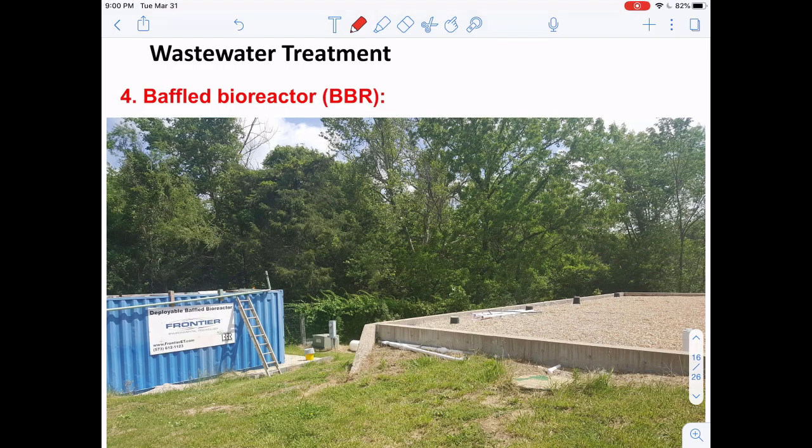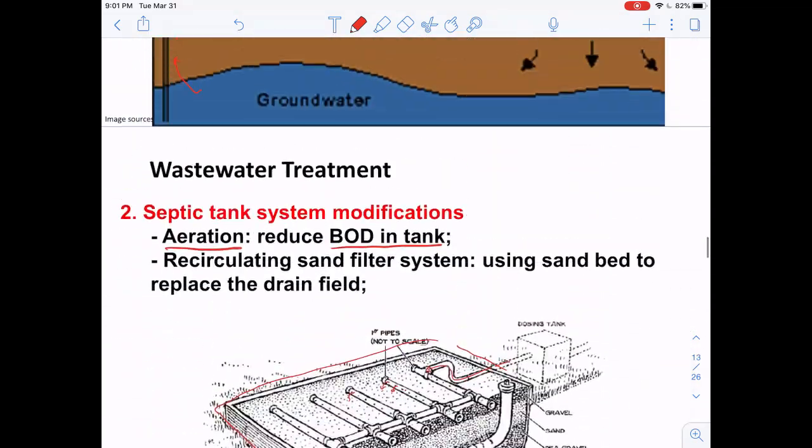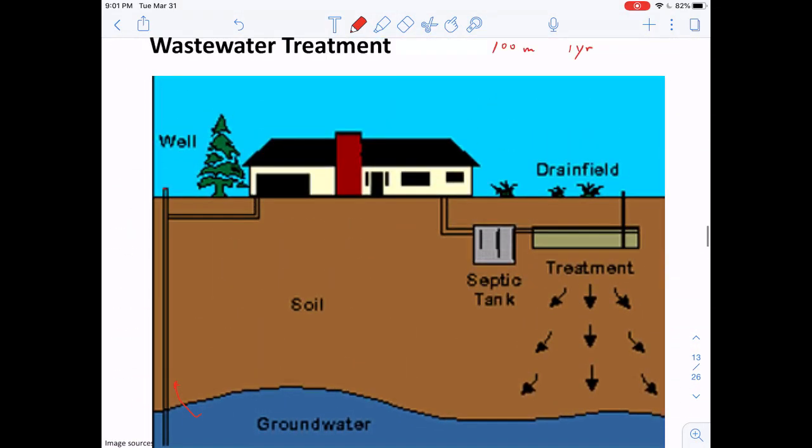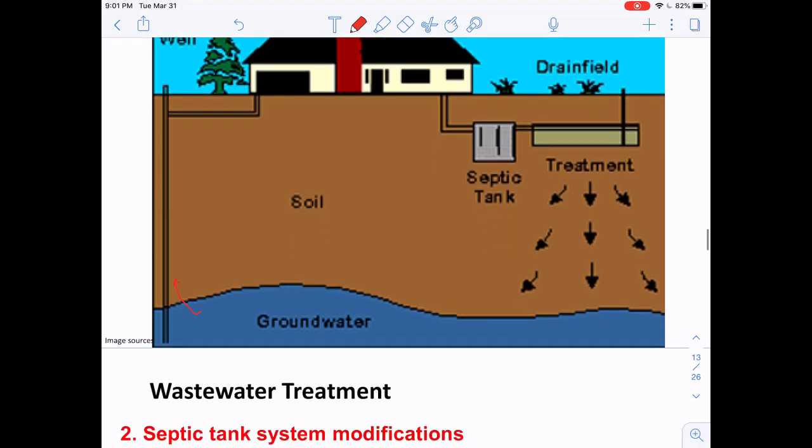So we have to make a very condensed system where it can sit just above the ground, because if you look at the septic tank, they typically exist pretty far below the land surface, right? Because water has to use gravity to go into these tanks here.